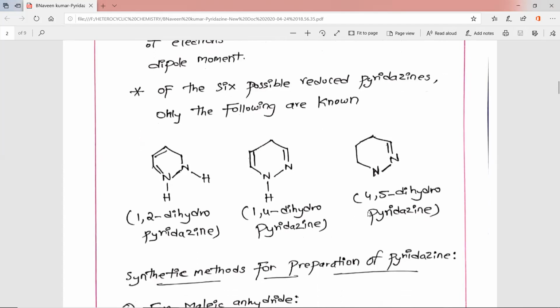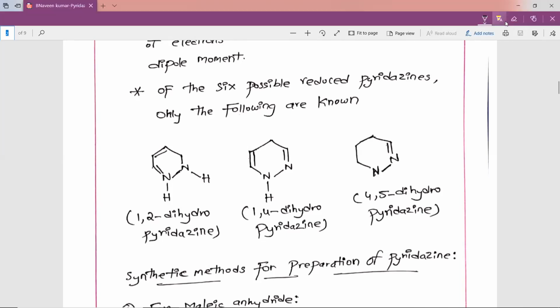And this is 4,5-dihydropyridazine. So the fourth and fifth positions are hydrogenated, and one double bond is missing here. There must be a double bond here. One double bond here, another here, and the 4,5 carbons are hydrogenated.